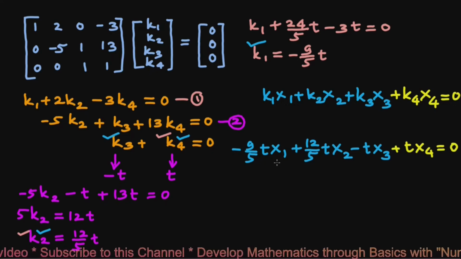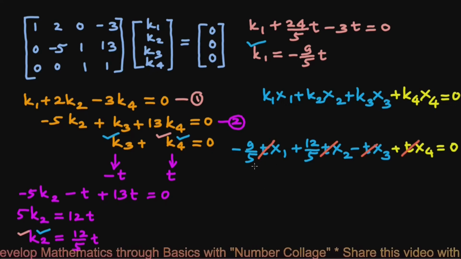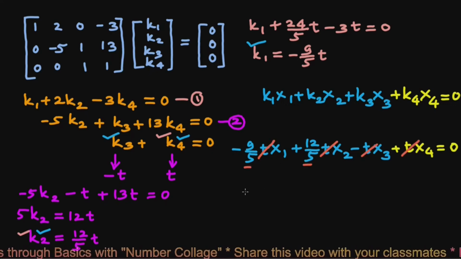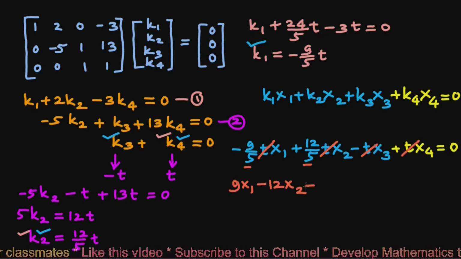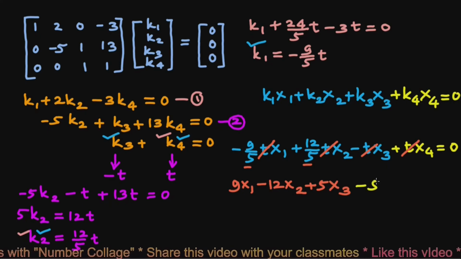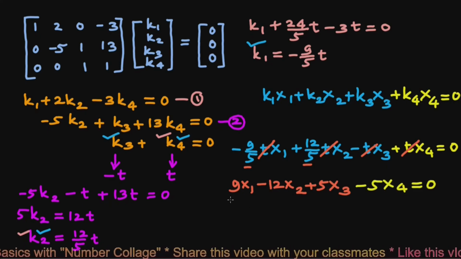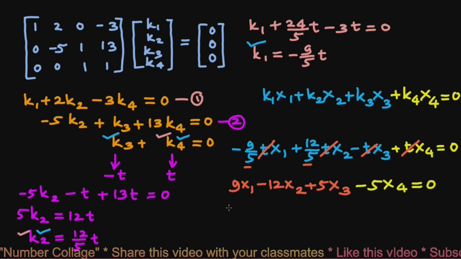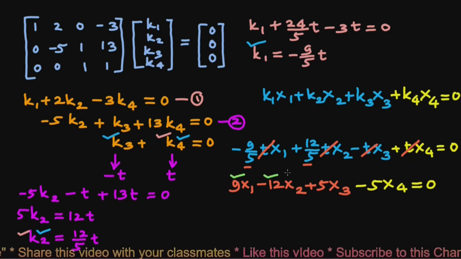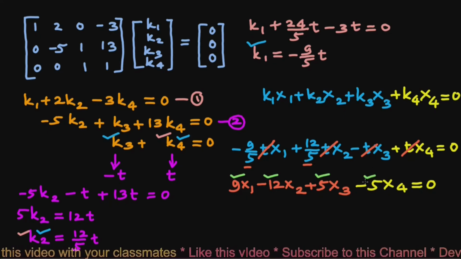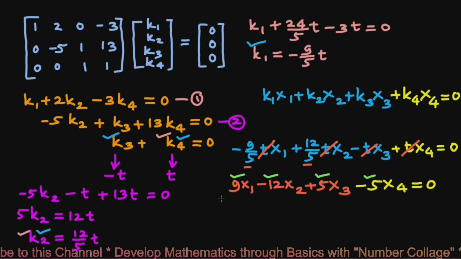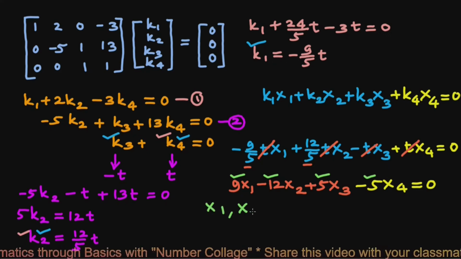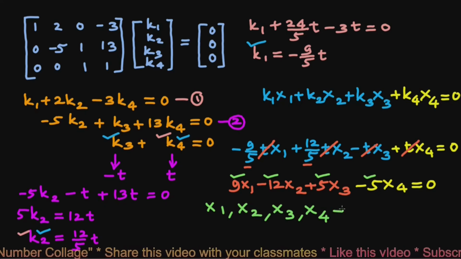Cancelling t from each term and multiplying throughout the equation by 5, we get 9x1 minus 12x2 plus 5x3 minus 5x4 equals 0. Since the coefficients 9, minus 12, 5, minus 5 are not all zeros, the vectors x1, x2, x3 and x4 are linearly dependent.